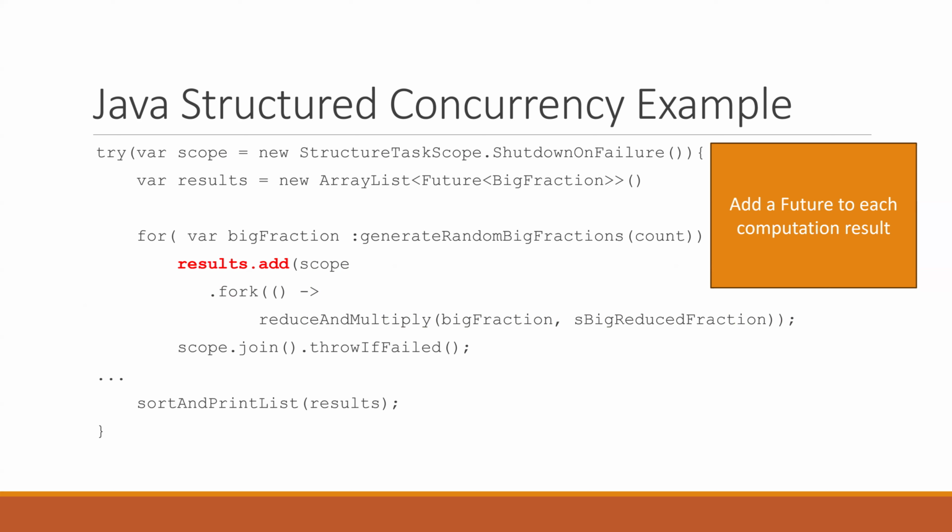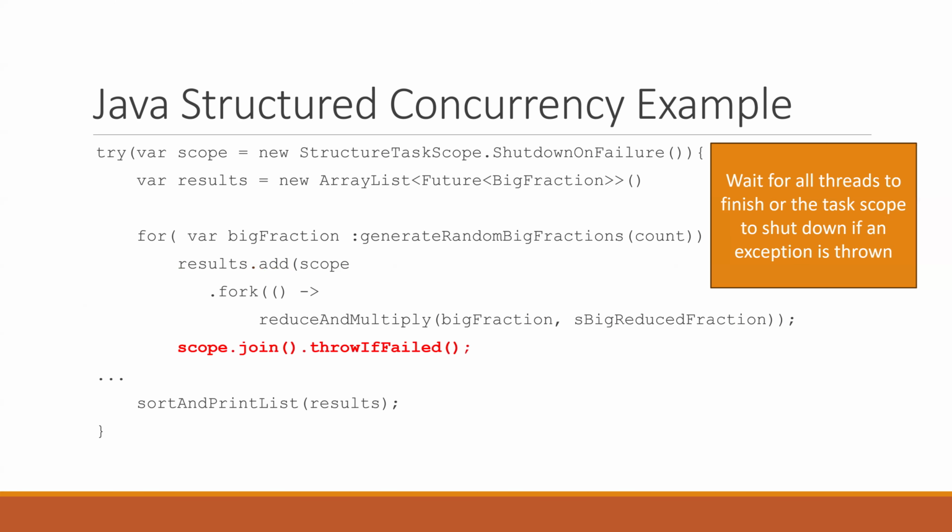In other languages, they use the concept of a promise. If you've ever heard of promise, promise and future are the same concept. So with result.add, I am adding a future from each result into the results array of futures that I have there.